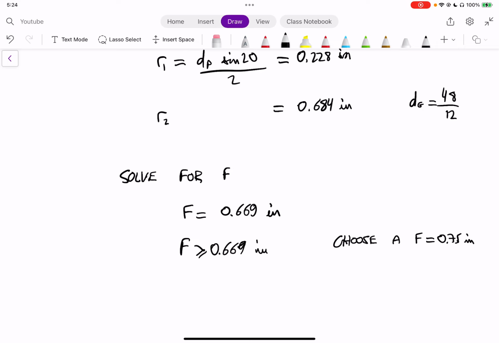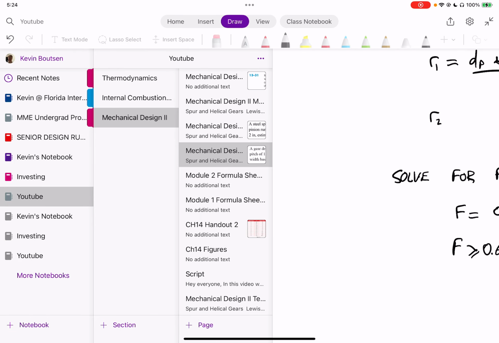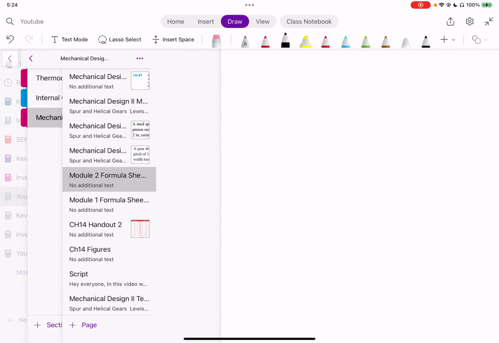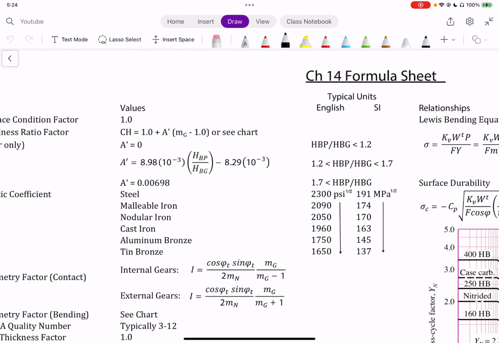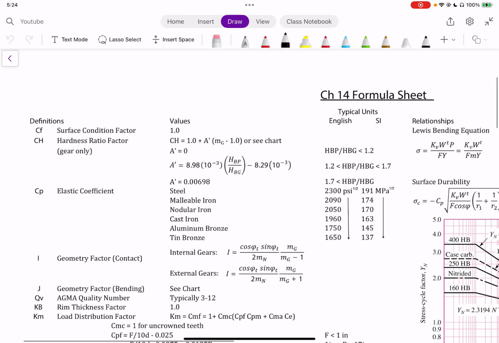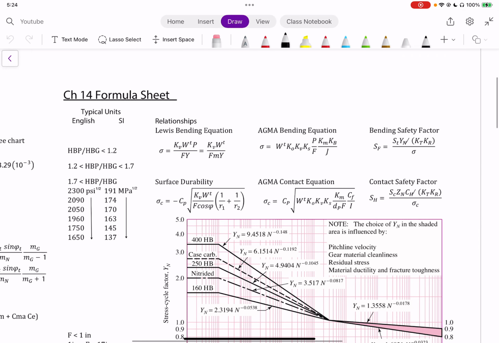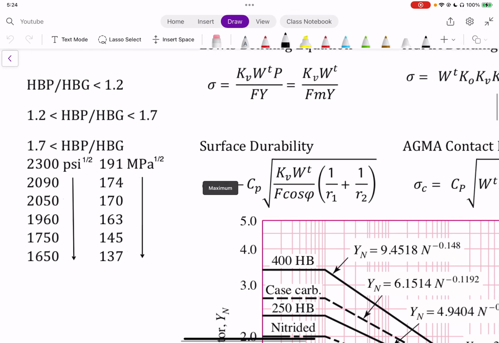Okay, so one last thing I want to show you for this module part, and then in the next video, we're going to go over the AGMA method through a very long example problem. It's going to take a few videos to get through. But one thing I want to show you before we end is really quickly the module 2 formula sheet and where we can find some of the information. So all the information on surface durability is essentially within this equation right here.